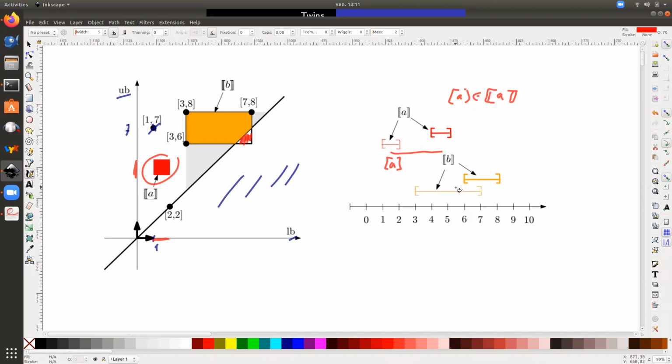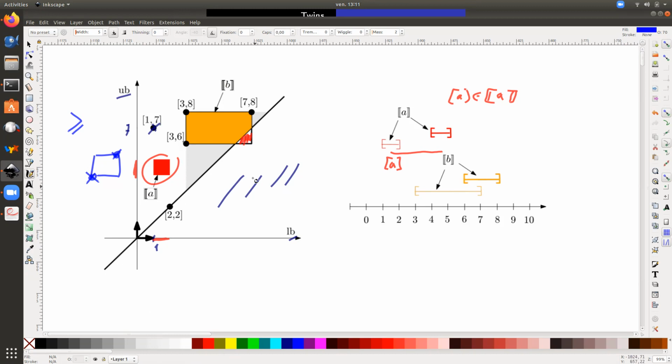So what I wanted to show here is that there are different ways to represent a twin. I can represent it like this with a lower bound and an upper bound. So it is some kind of interval with respect to the order relation like this. This order relation means that this interval is smaller than this one because its lower bound and upper bound are smaller than the lower bound and the upper bound of the other one.